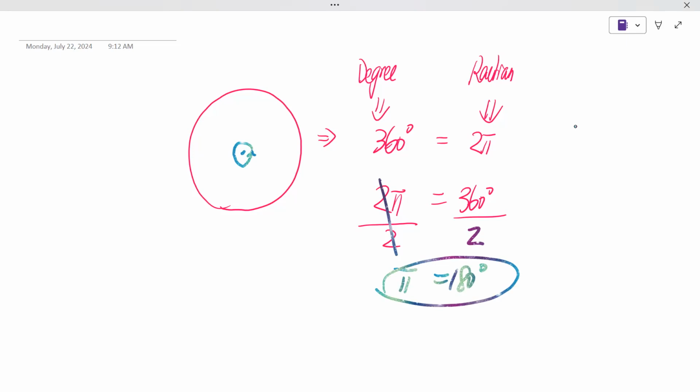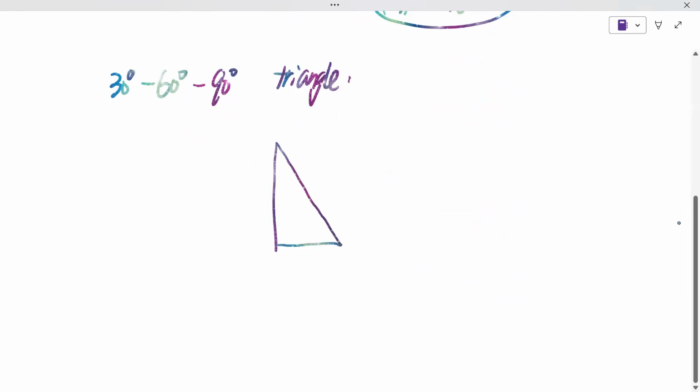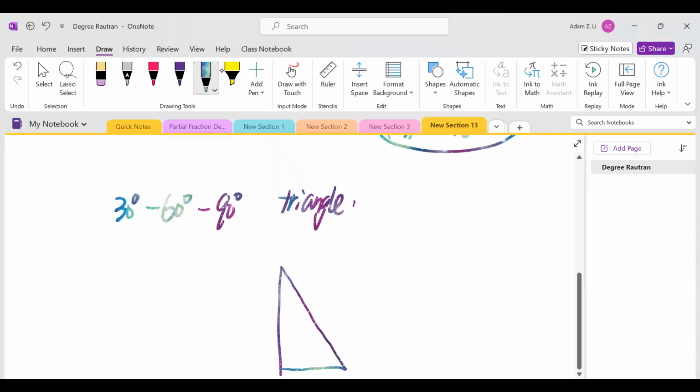Okay, and then next thing we're going to talk about is special triangles, right? Let's start with the 30-60-90 degree triangle. A special thing about this one is... let me just redraw it a little bit.